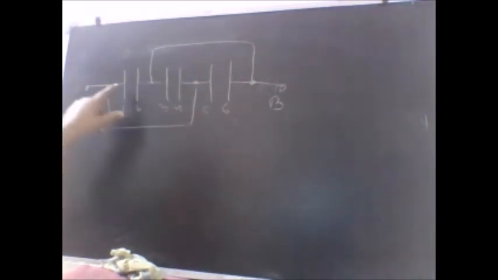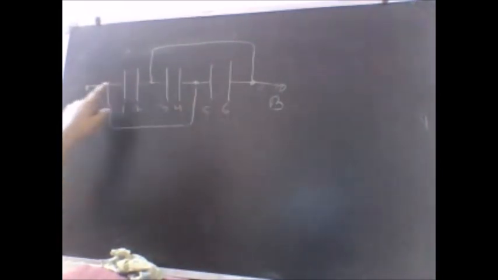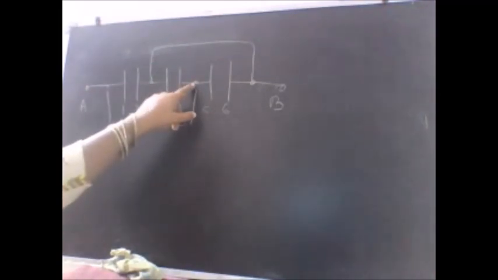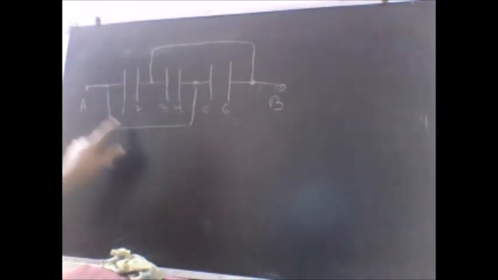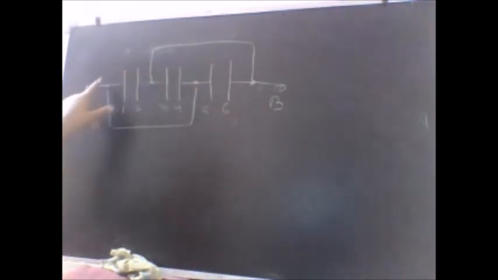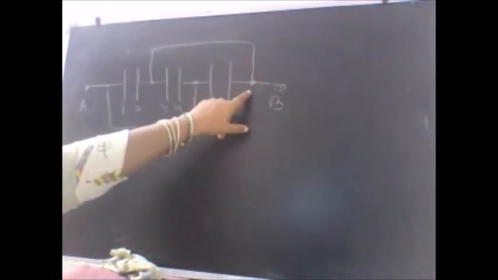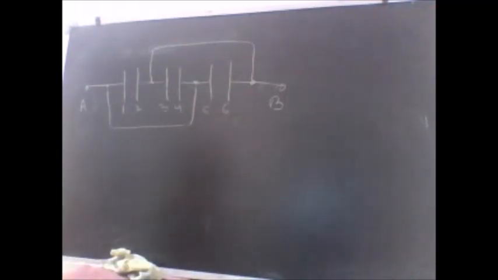We can say that plate 1 is connected to plates 4 and 5 both, because the potential at this point is the same as the potential at this point. Short circuit. In the same way, the potential at this particular point should be the same as the potential at that particular point. So we have to identify the capacitor plates and rearrange them according to the circuit given to us.